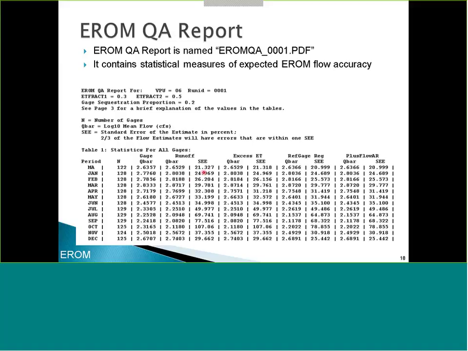The standard error of the estimate is in percent, and for the runoff step, you can interpret this as two-thirds of the flows being plus or minus 21% for the EROM flow estimates. And by the time you get to the plus flow AR, you're still at 21% plus or minus.